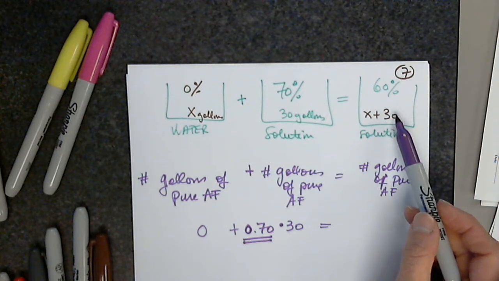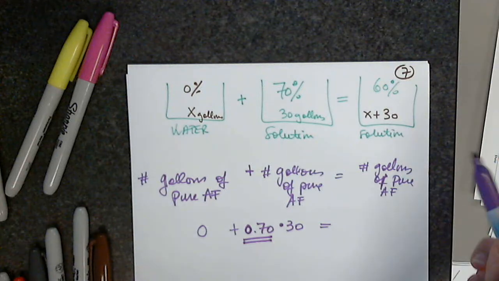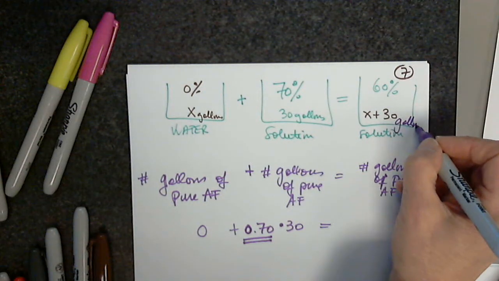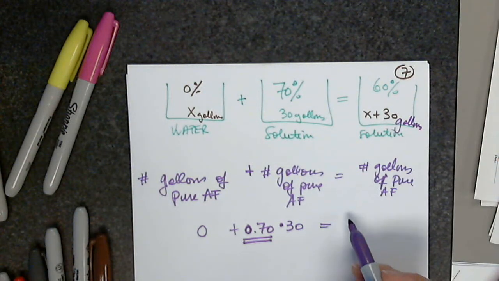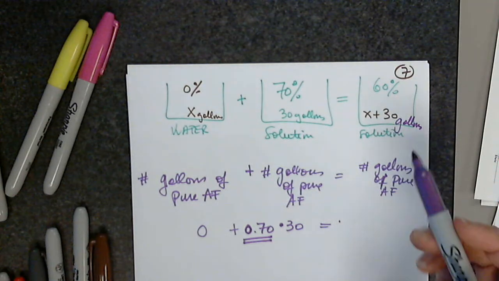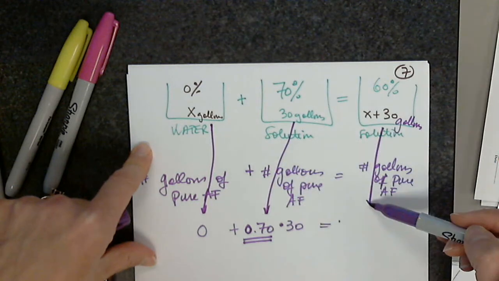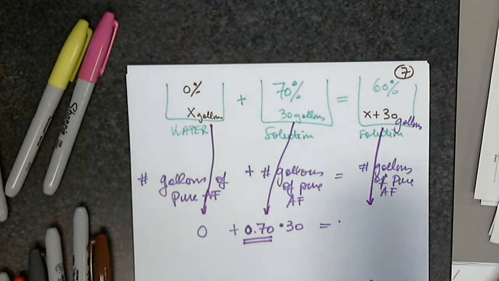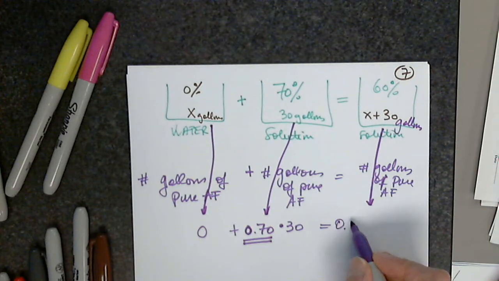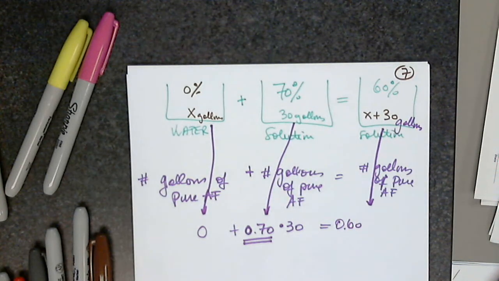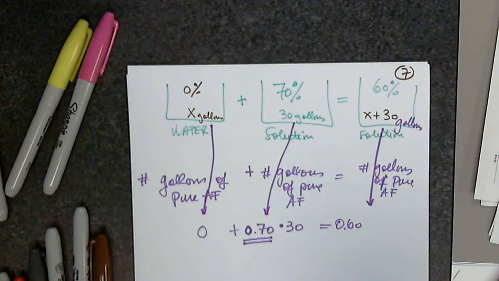X was the number of gallons in the first container. So this piece is this, this piece is this. Now we reached this stage. Is it 0.6X? No, X is not the number of gallons in the third container. What is the number of gallons in the third container? We have to be consistent.